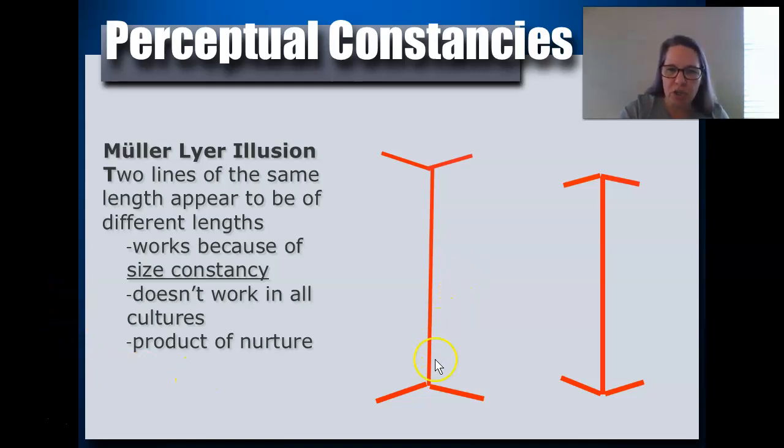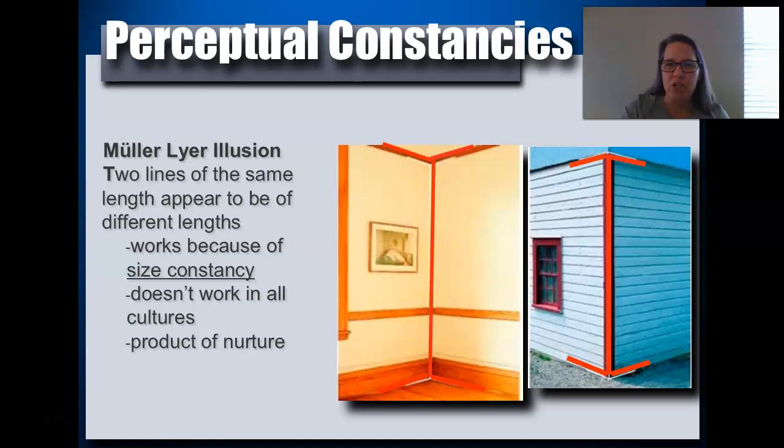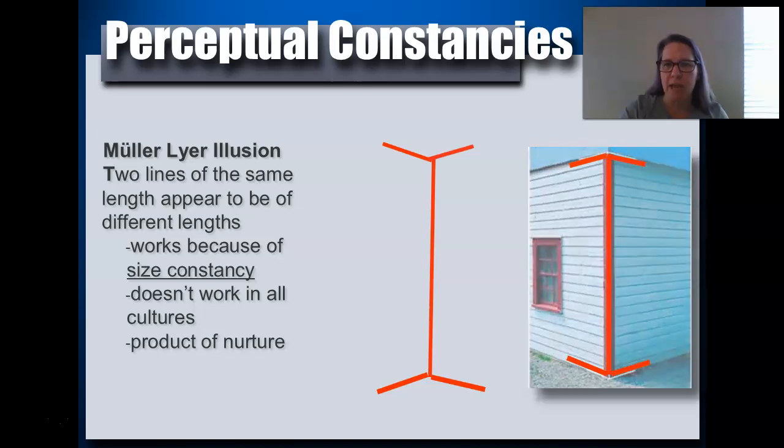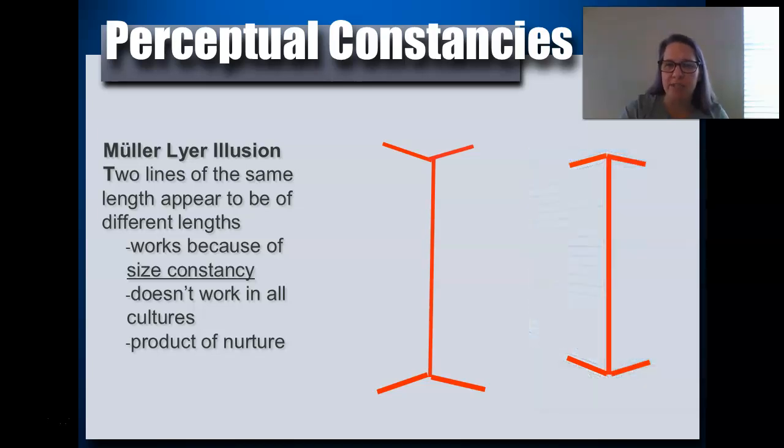But if you look at these two lines, this line here and this line here are really the same size, but because of the way the arrows are going on here, they appear as if they're two completely different sizes. So when you look at it in terms of a house, an interior corner and an exterior corner on a house, again, they are the same size.